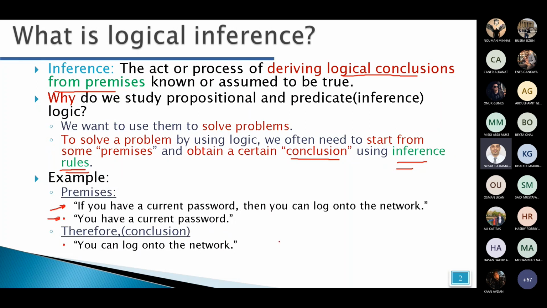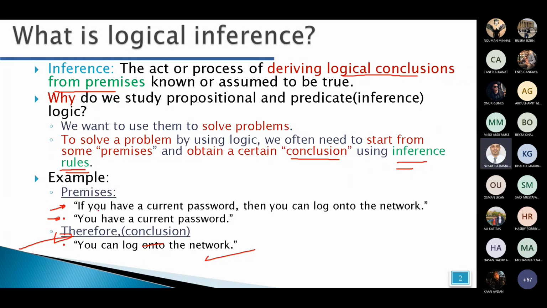So from these two premises, we can conclude: you can log into the network. So I said, if you have the current password, you can log into the network, and the other premise, yes, you have the current password. Then the conclusion, yes, you can log into the network.